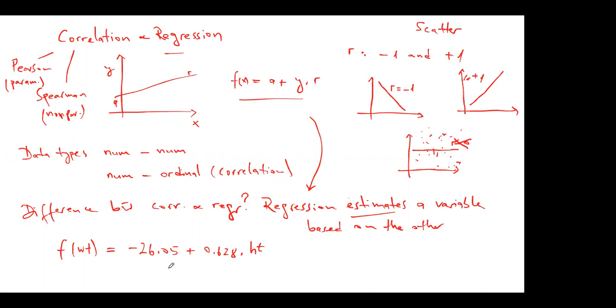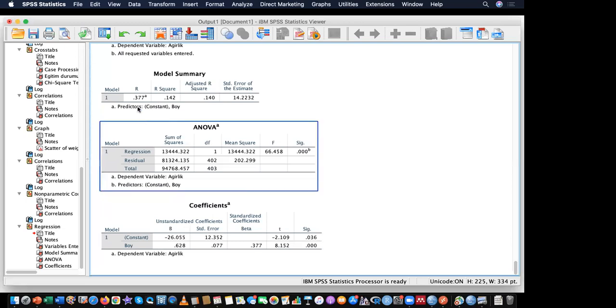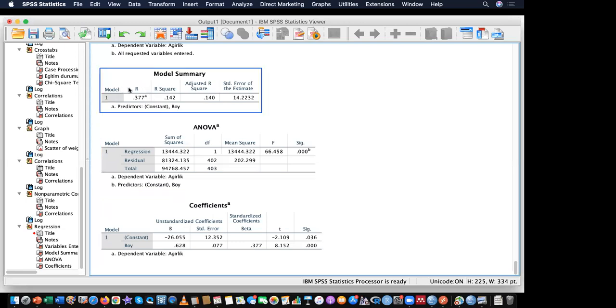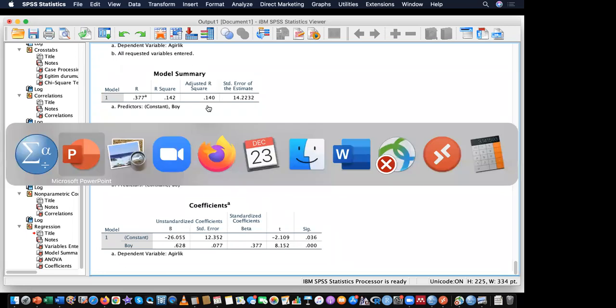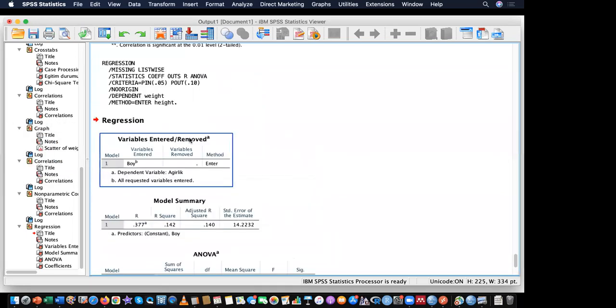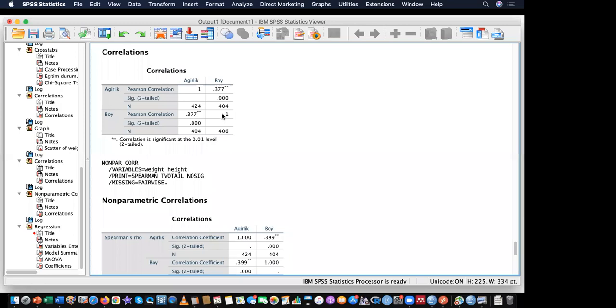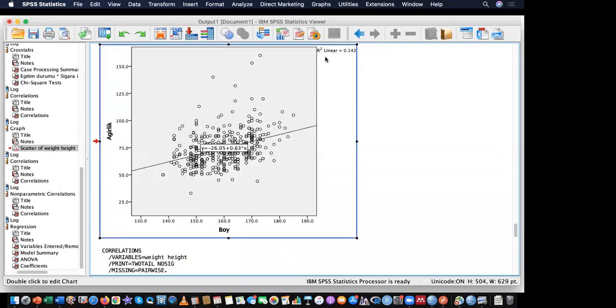Okay, is it a reliable formula or not? The answer depends on the R or R square. The R square here is 0.14, so 14%. This we have seen also in the graph here, the correlation graph.